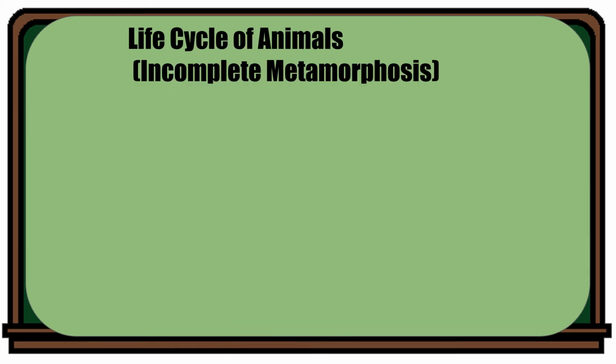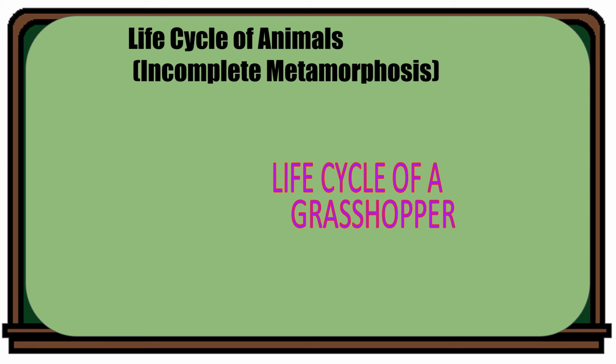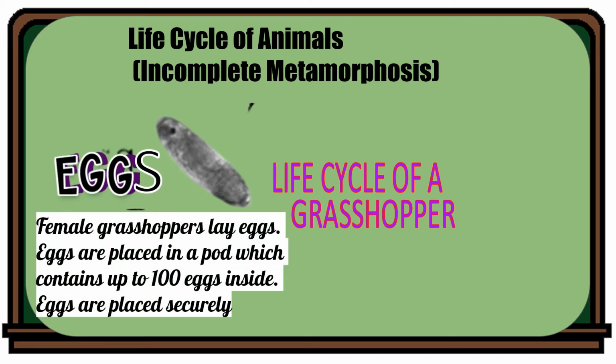Another example of the life cycle of animals that undergo incomplete metamorphosis is the life cycle of a grasshopper. First, eggs. Female grasshoppers lay eggs. Eggs are placed in a pod which contains up to 100 eggs inside. Eggs are placed securely.